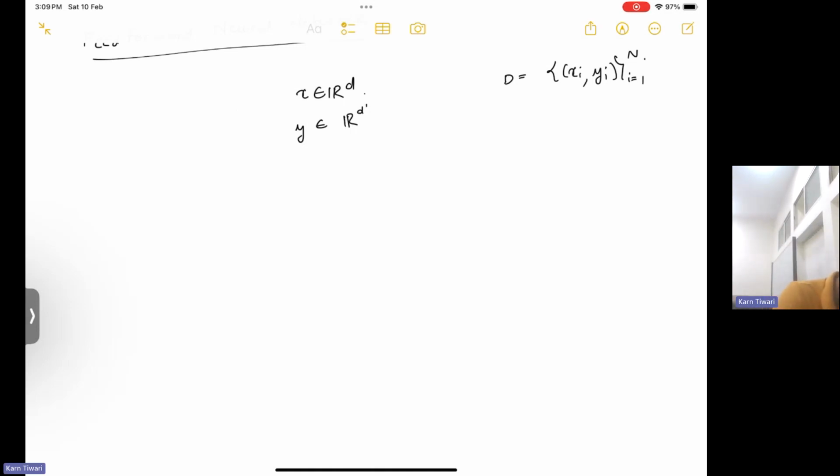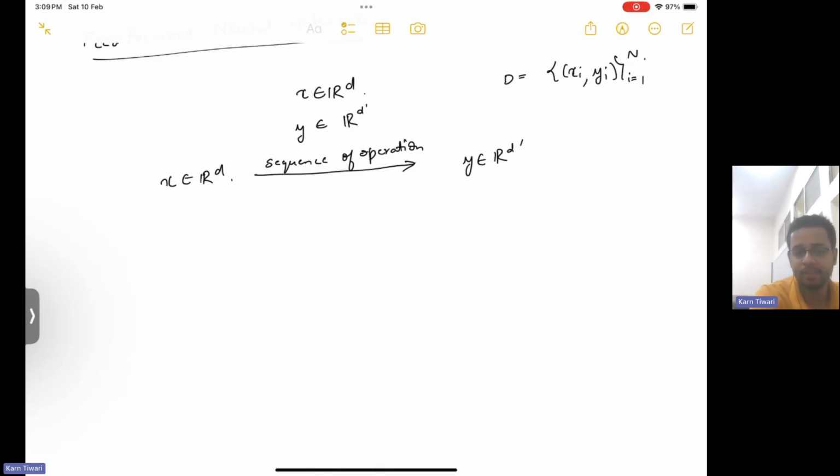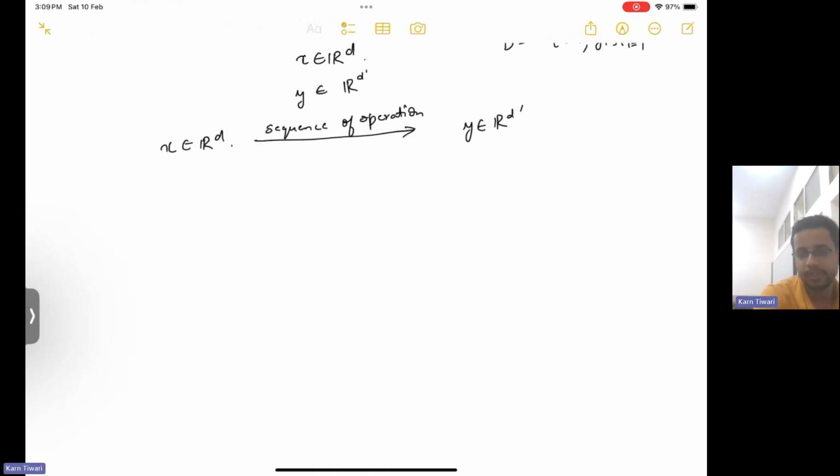Firstly, our input belongs to a certain dimension. We need to perform a sequence of operations which can convert it into an output dimension, which we can interpret as the model predictions. Now, what is the sequence of operations?